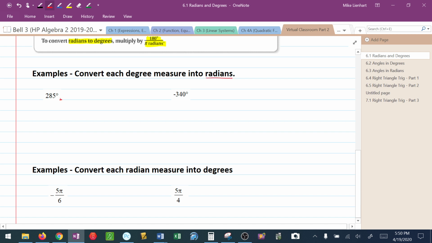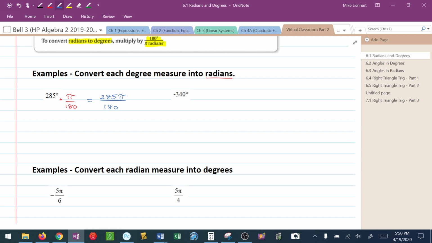So the way that I do that is I'm going to multiply by pi over 180. That multiplication converts it to a radian measure. And this would be 285 pi over 180. However, this is something that can be simplified. So if I take 285 and divide that by 180, notice I didn't say anything about pi.